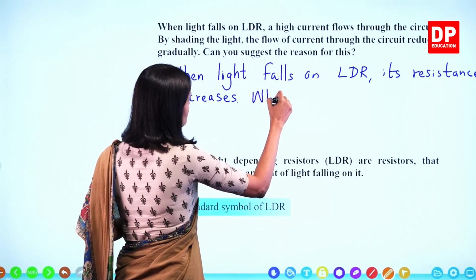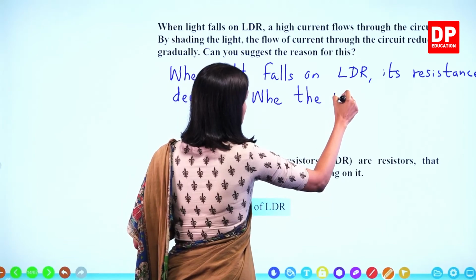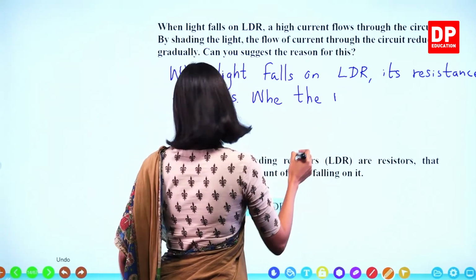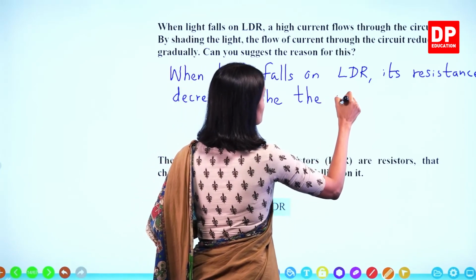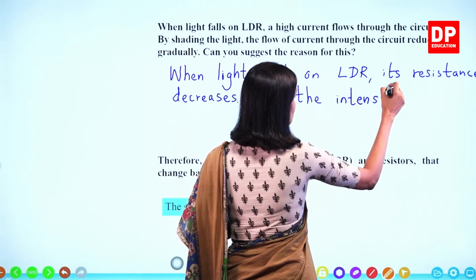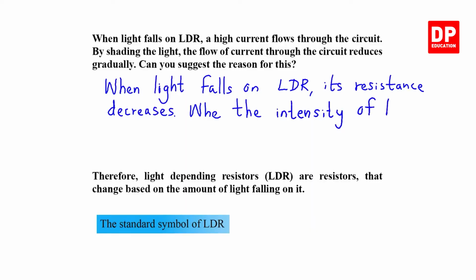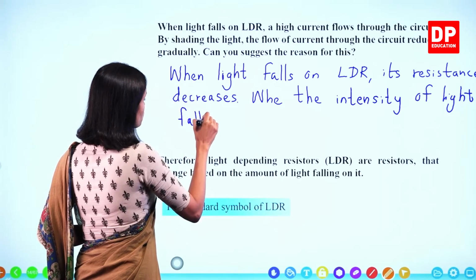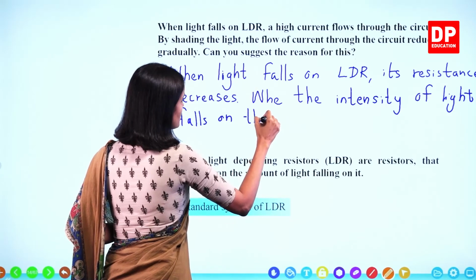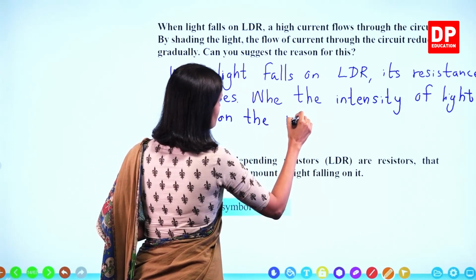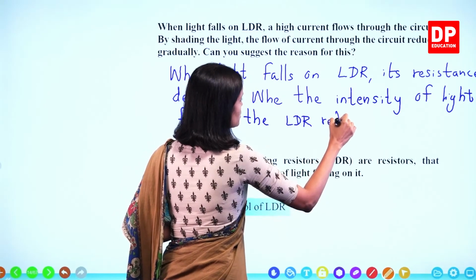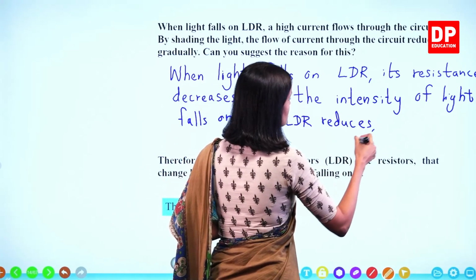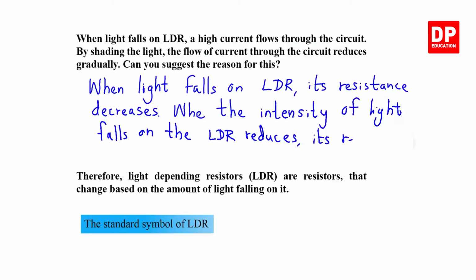When the intensity of light falling on the LDR reduces, its resistance increases.